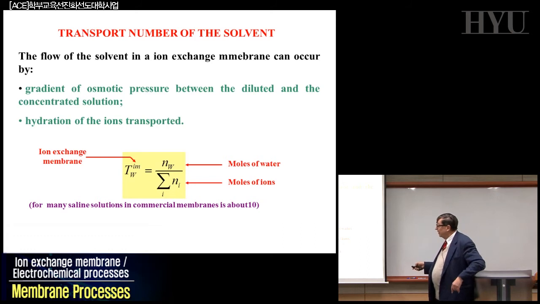So if you want to be more accurate when writing your transport number, you have to take care of the situation of this water. In the ion exchange membrane, you have a transport number also related to the water, which means the amount of water related to the number of moles of ions moving across. So part of the water just moves together with the ions, and these numbers sometimes are not marginal.